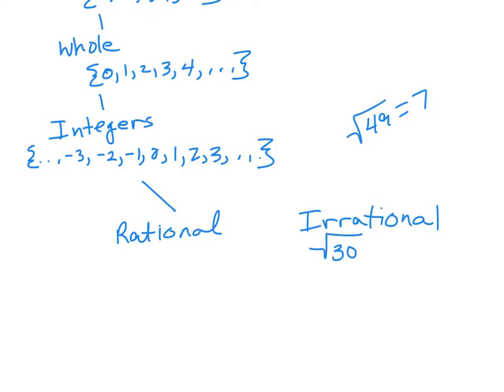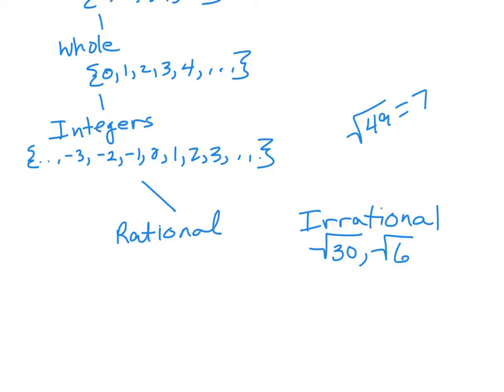I don't know what that is. It's going to end up being irrational, or even something like the square root of 6. So pretty much every other thing in our class, besides irrationals, is going to be rational. The only exception to that was a number over 0, which we said is undefined.